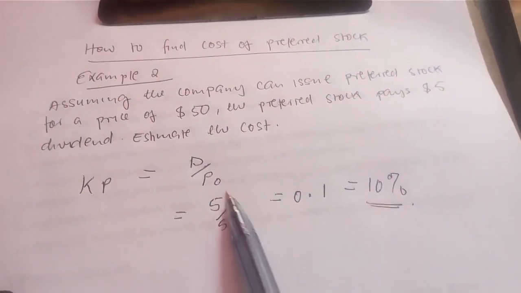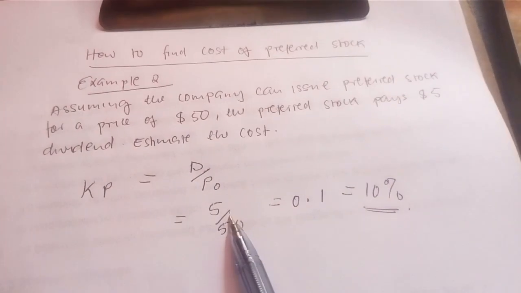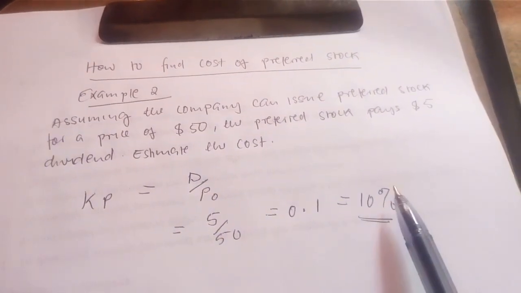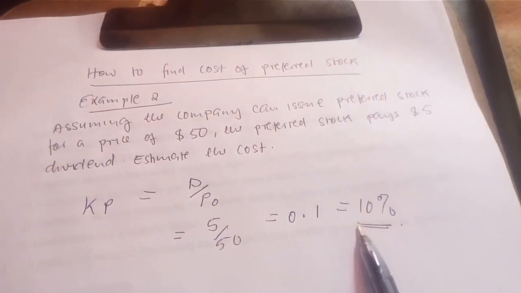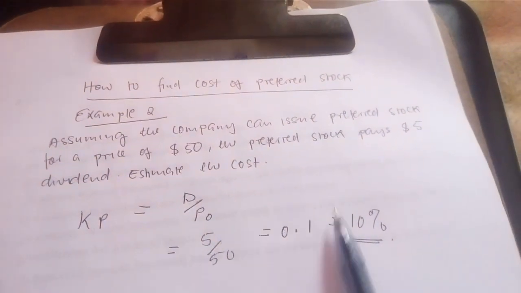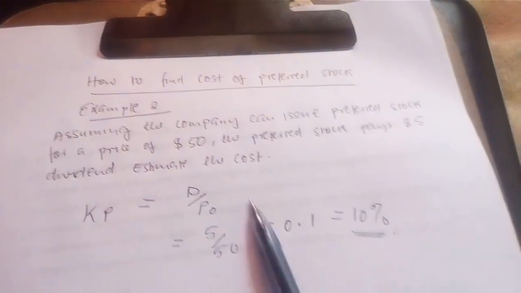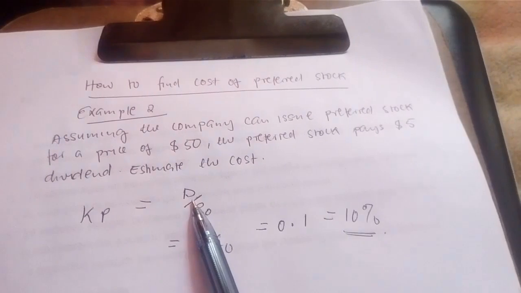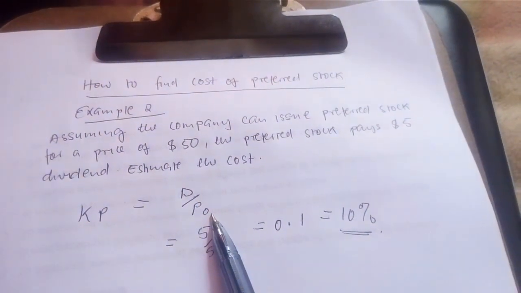So, application of taxation on the dividend of preferred stock would simply result into double taxation, which violates the international accounting standards. So, you may have different scenarios, but the idea is the computation of preferred stock cost is simply the dividend over the price.